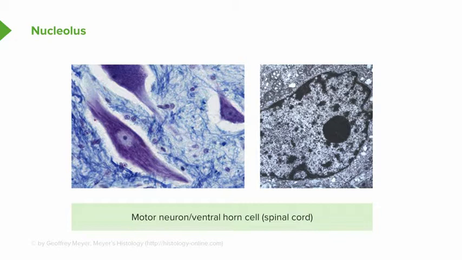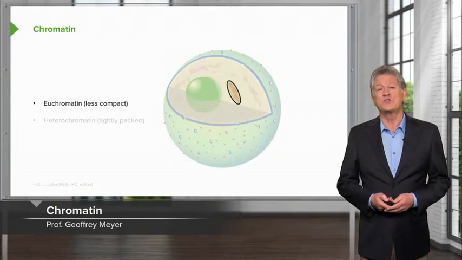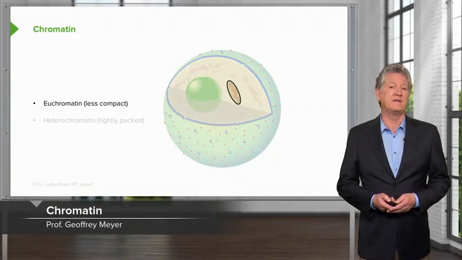And all that dark stained material that you see within the nucleus is chromatin. Some of it is around the outside appearing quite clumped chromatin, whereas towards the centre of this nucleus on the right-hand side, the chromatin is rather dispersed or lighter staining. And that depicts the two sorts of chromatin we have in nuclei.